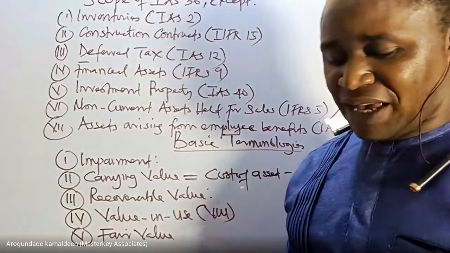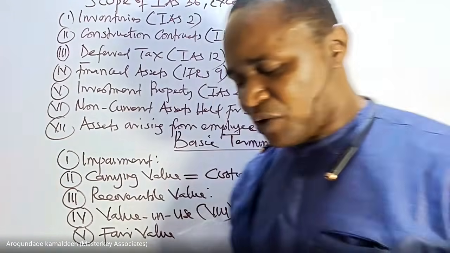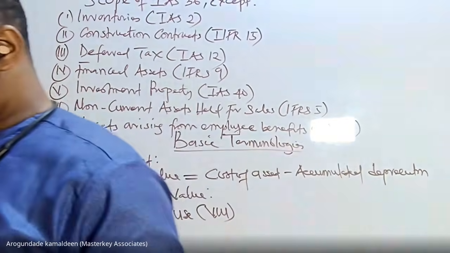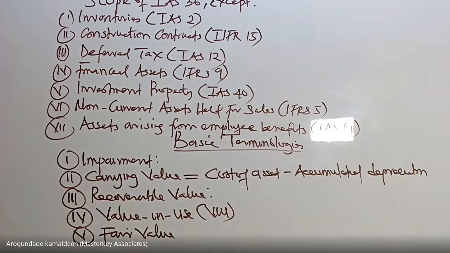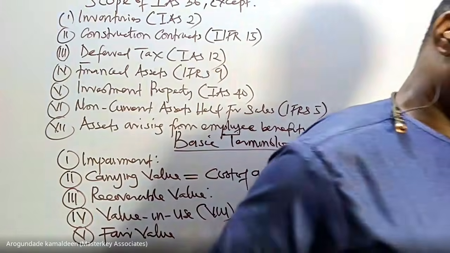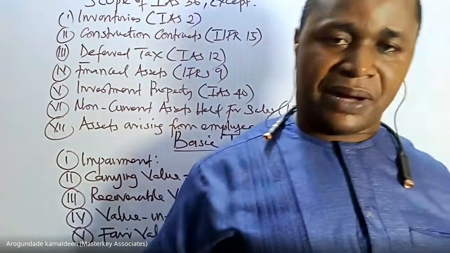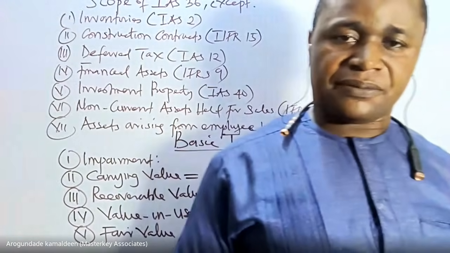So now, what is fair value? Fair value is the price that will be received to sell an asset, or paid to transfer a liability, in an orderly transaction between market participants. What are we saying?